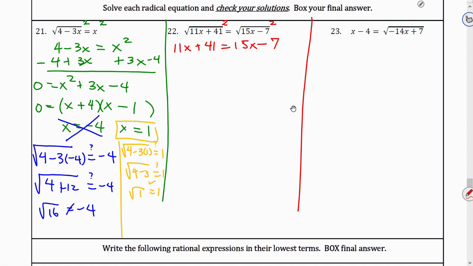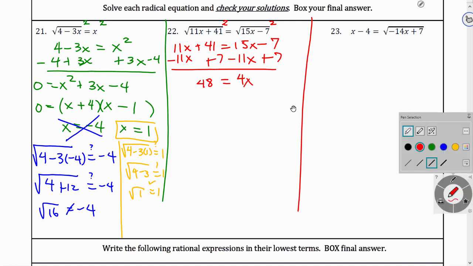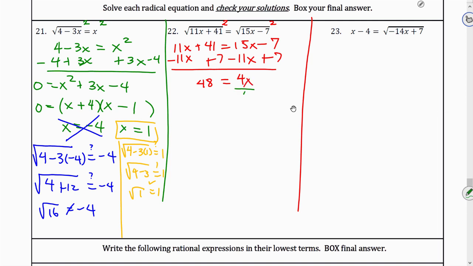I like positive leading terms, so I'll subtract the 11x, and I'll add 7 to both sides. And I have 48 is equal to 15 minus 11, which is 4x. Let me switch colors. If I divide both sides by 4, then x is 12. Oh, that's it. Okay, I still need to check it though.